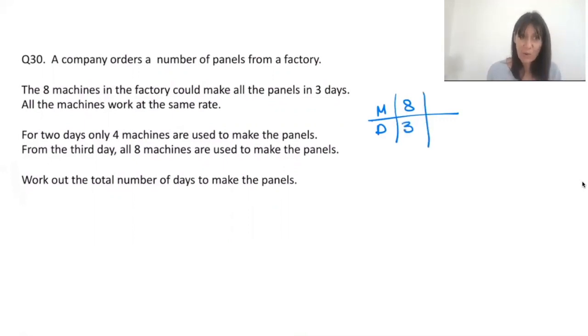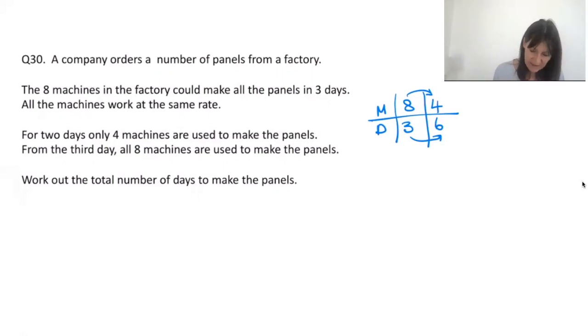They start then talking about 4 machines. Well, if I've halved the machines, they are going to take twice the time. It would take them 6 days to make all the panels. So I'm wrapping my head around that piece of information to start off with, okay? So it says for 2 days, only 4 machines are in use. So you could be thinking about this in percentages, okay?